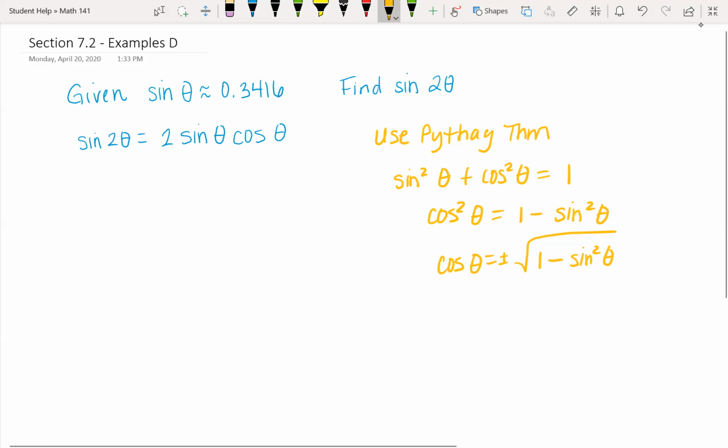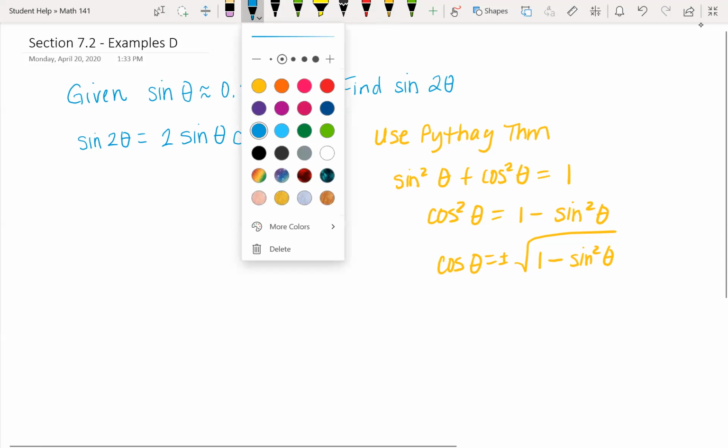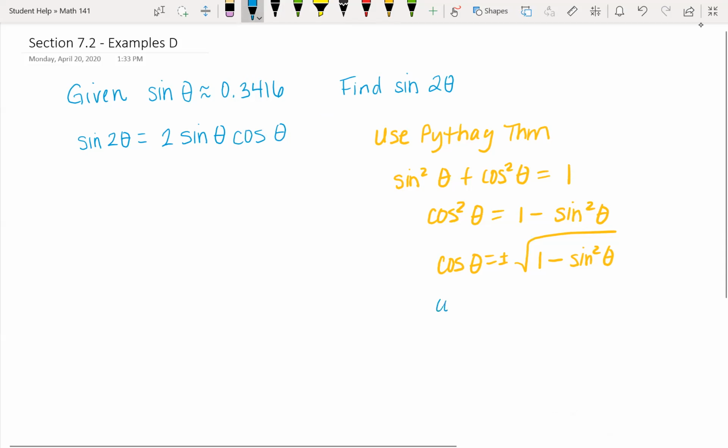So let's plug in one minus 0.3416 squared, and then take the square root.